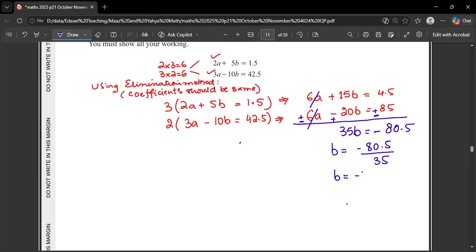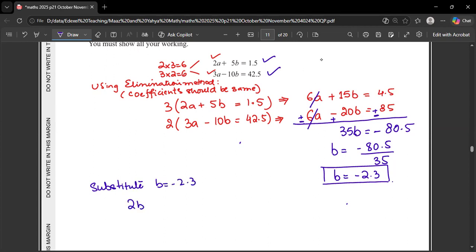Okay. Now, can we plug this value of b into any of the equations? Yes. So substitute b equals minus 2.3.